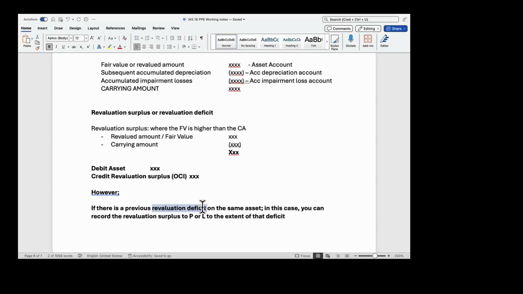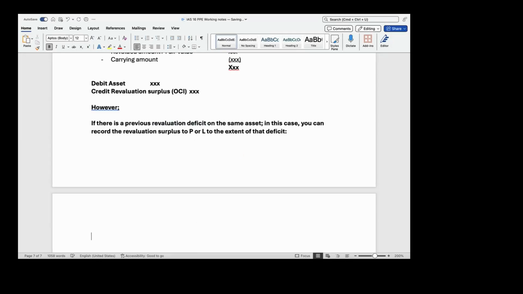So if we had a previous revaluation deficit on the same assets, that means that if you now make a surplus in subsequent years, then you can go ahead and put that surplus in P&L.